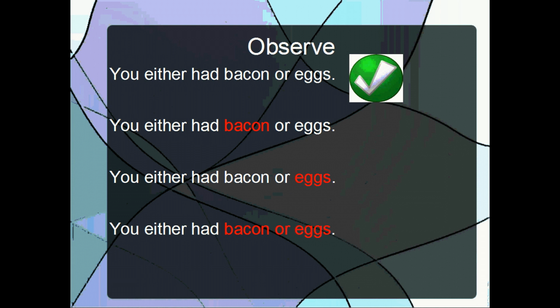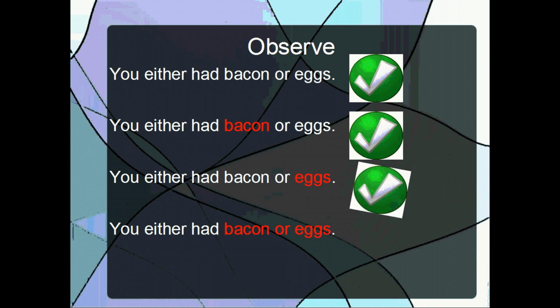Now for the second, you don't have bacon, but you do have eggs, so it's false that you had bacon. Since one of my disjuncts, bacon or eggs, is true, then the second disjunctive proposition is true. For the third case, it's false that you had eggs, but it's true that you had bacon. Since one of my disjuncts is true, then the third disjunctive proposition is true.